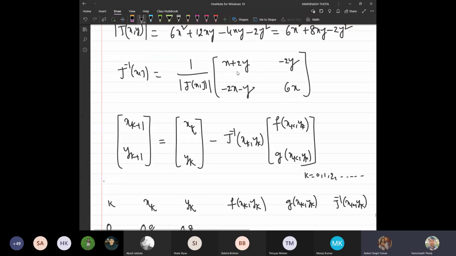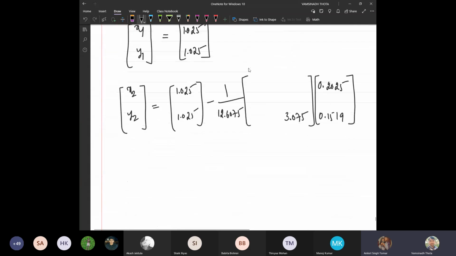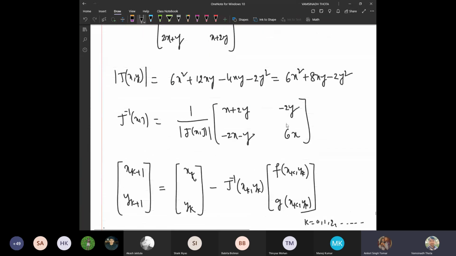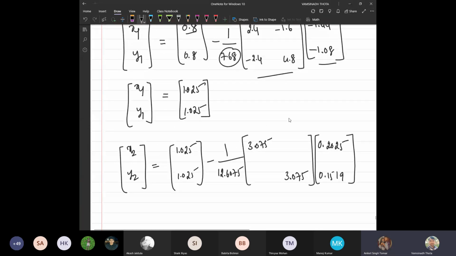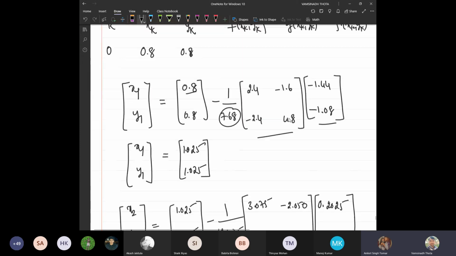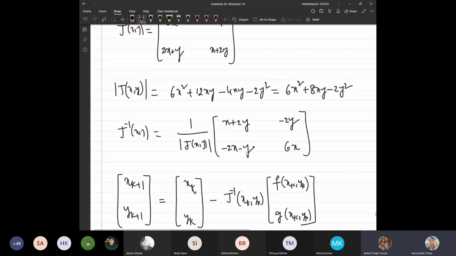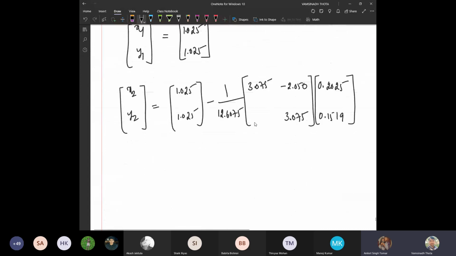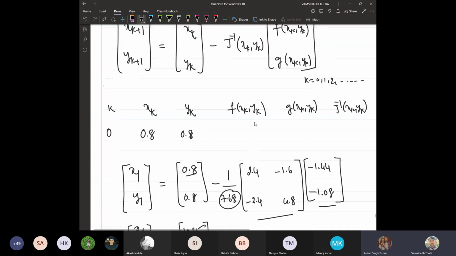Okay, it is already the inverse, right? And then minus 2 into y, so that is minus 2.050. Minus 3 into this one, so that is minus 3.075.